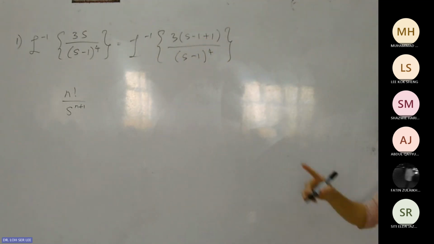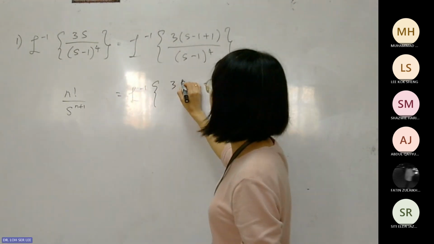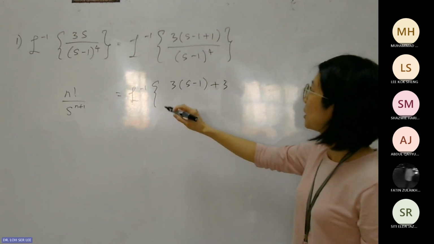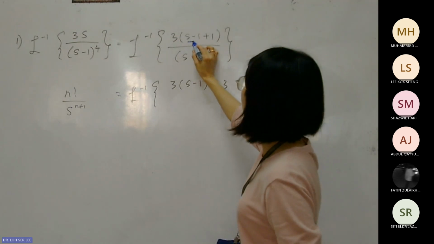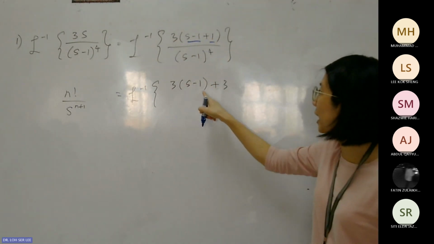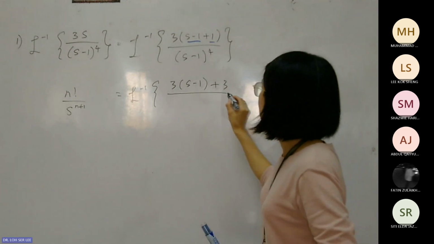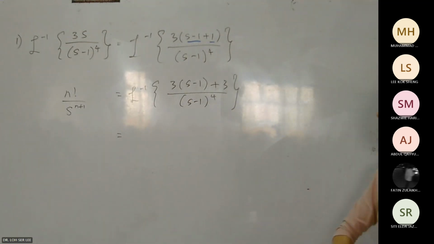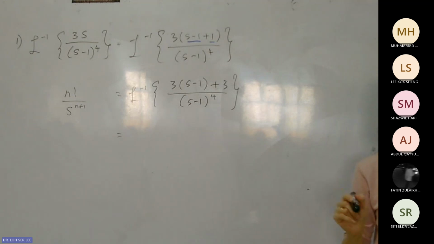We do not change the question. So that you have 3 times s minus 1 plus 3, because this is your A, this is your B, 3A plus 3B. Then s minus 1 to the power of 4. Now this is in the ready form that we want.